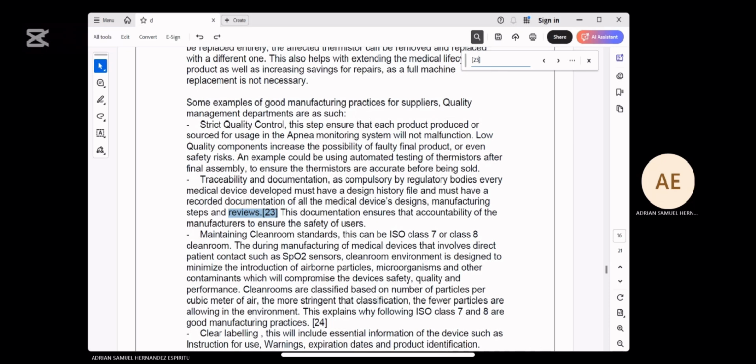And one of the good manufacturing practices that I took away from this while writing my report is the importance of traceability and documentation as a compulsory requirement by regulatory bodies such as the FDA, which includes recorded documentation of the design, manufacturing steps, and reviews.